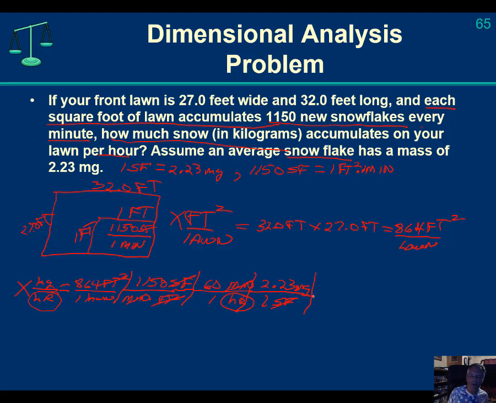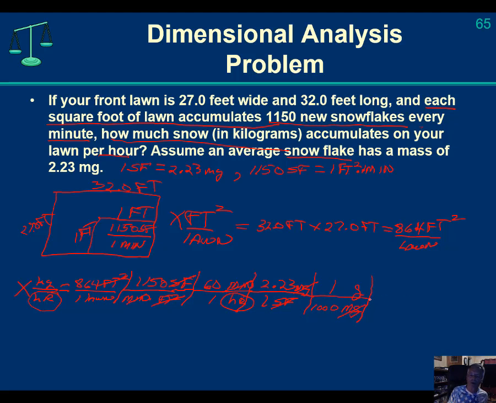That'll give me milligrams. I need to go from milligrams to grams because I don't know how many milligrams there are in a kilogram, but I do know this ratio. In every 1 gram, which is the larger unit, there are 1,000 smaller milligrams. When I multiply and divide across, milligrams cancels.